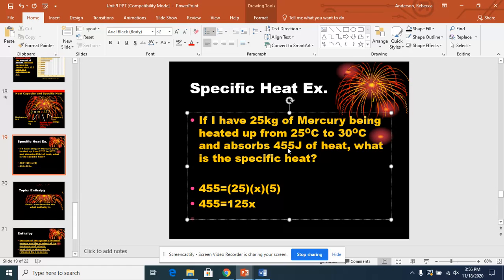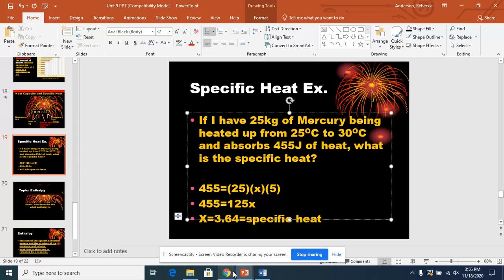So to get x by itself, we divide 455 divided by 125, which is 3.64. So x equals 3.64, and we found the specific heat.